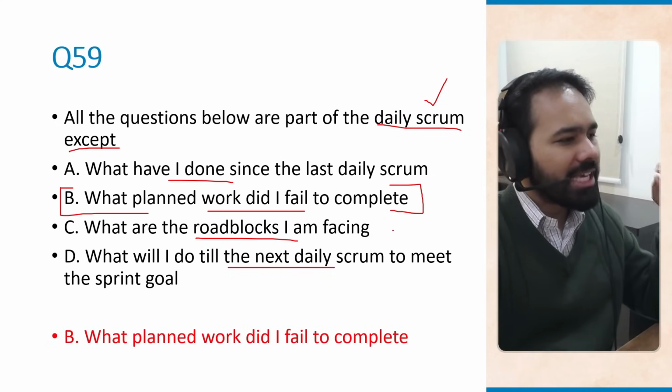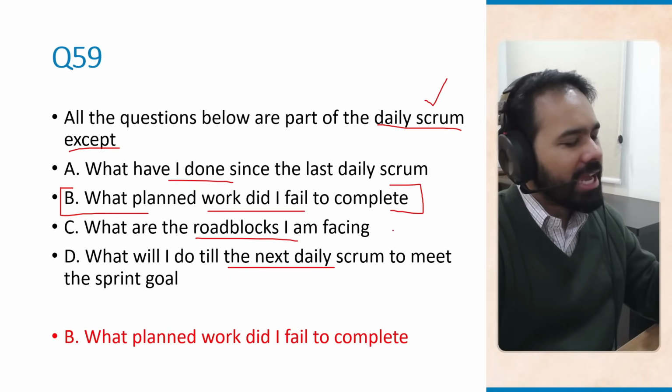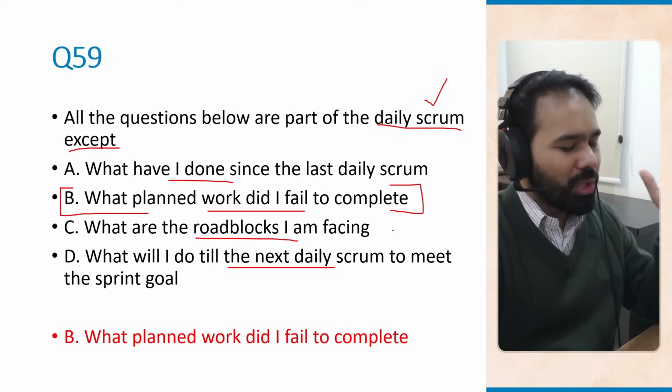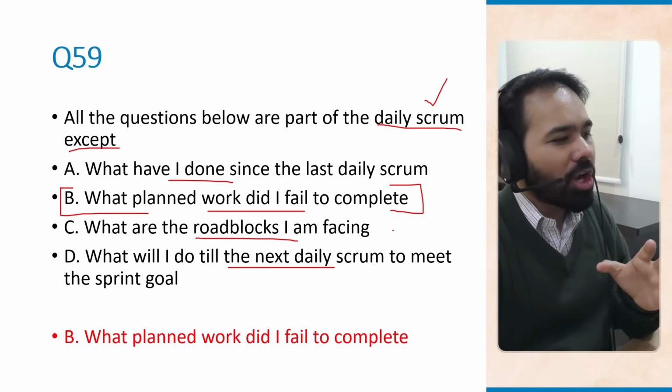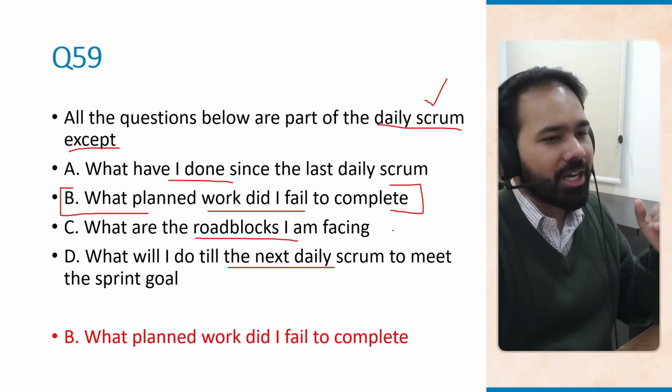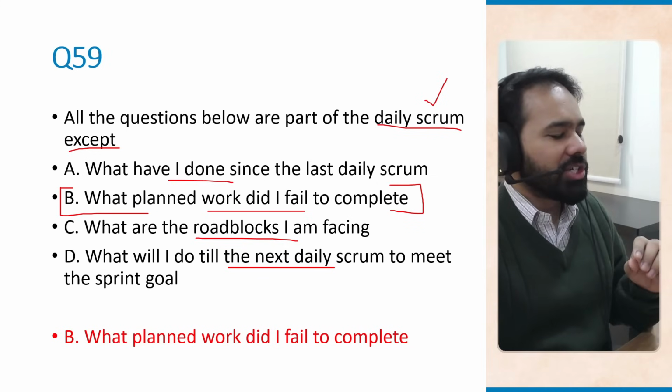This is incorrect for daily scrum. Daily scrum is forward looking and focused on progress toward the sprint goal. It is not meant to be a status report. A lot of project managers make this mistake of thinking that daily scrum is just like your weekly team meeting, just done daily.